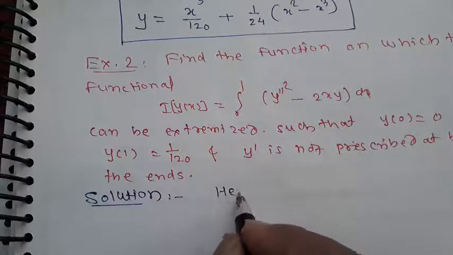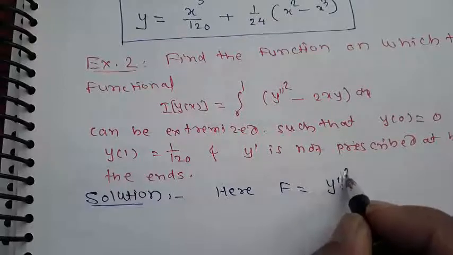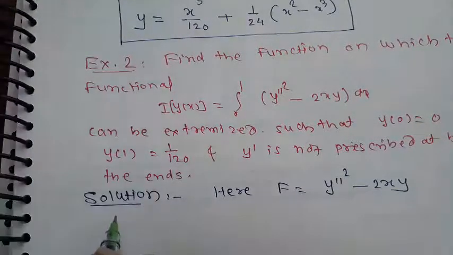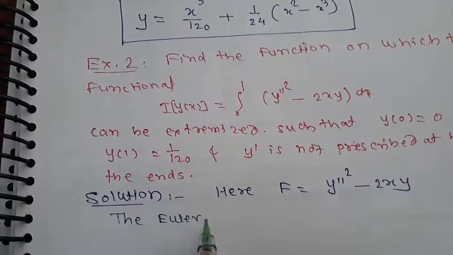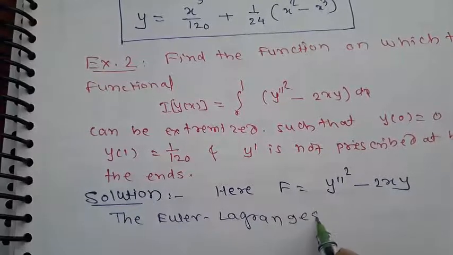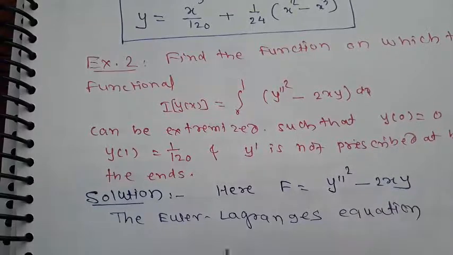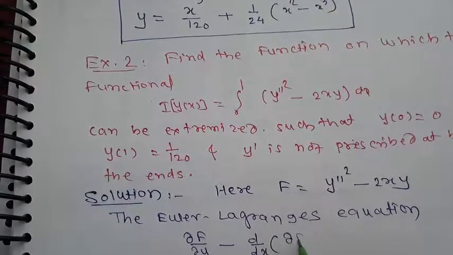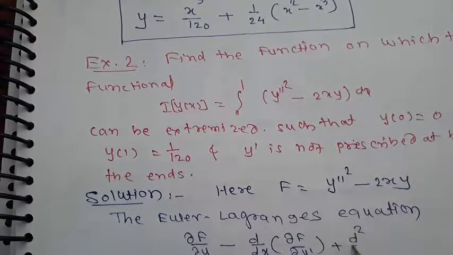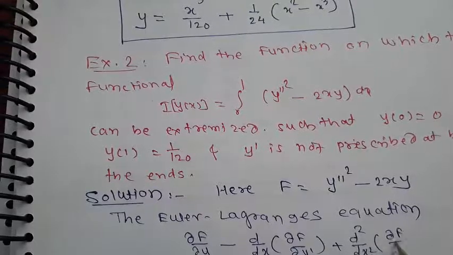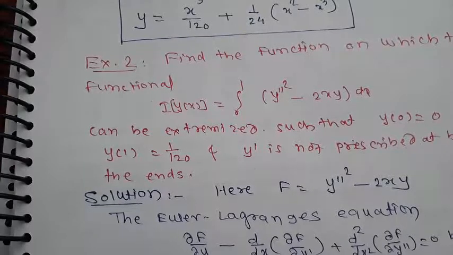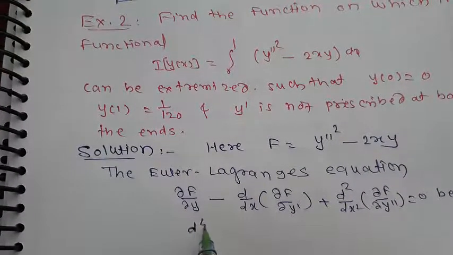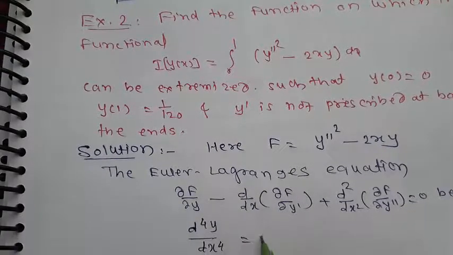Here f equal to y double dash square minus 2xy, and therefore the Euler Lagrange equation dou f by dou y minus d by dx of dou f by dou y dash plus d square by dx square of dou f by dou y double dash equal to 0 becomes d raised to 4y by dx raised to 4 equal to x.